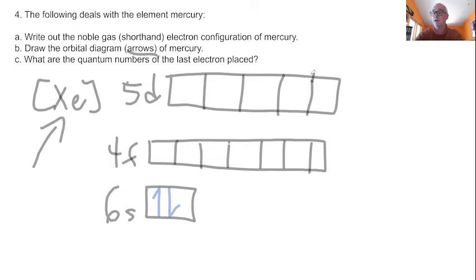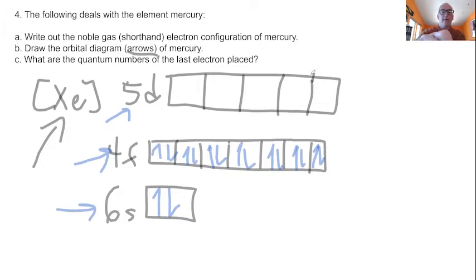So these are all going to be filled. This is going to be filled, this is going to be filled, and that's going to be filled. So we can fill in all of these. And then it will only become a thing when we want to say which one is the last electron placed.